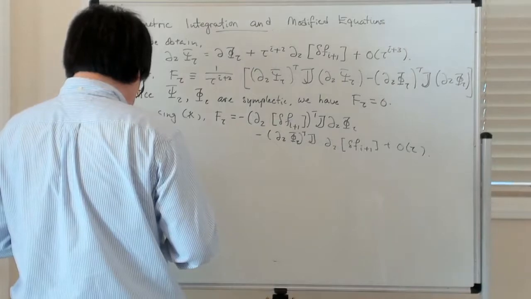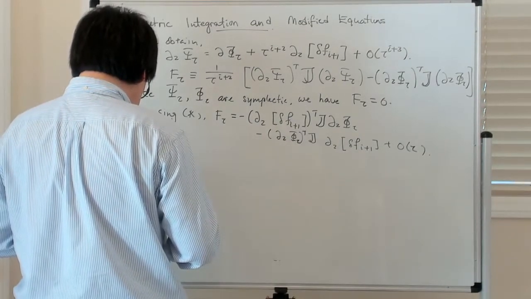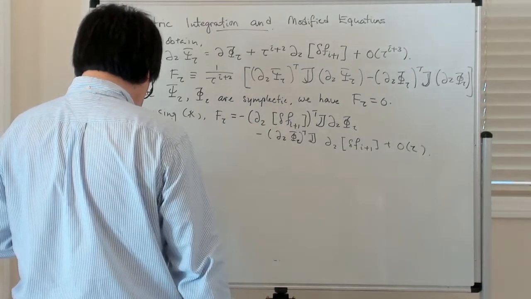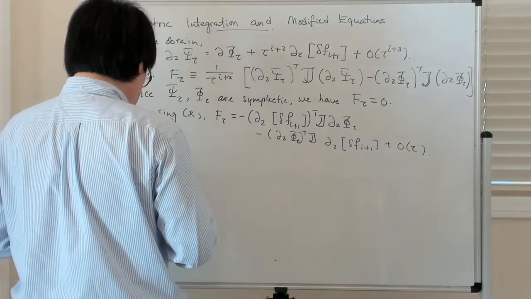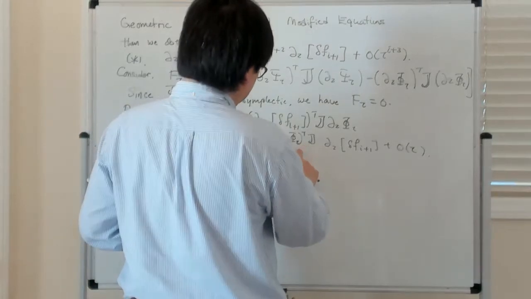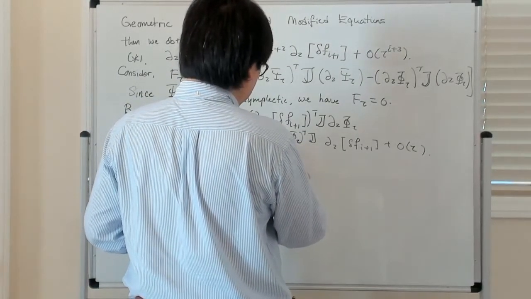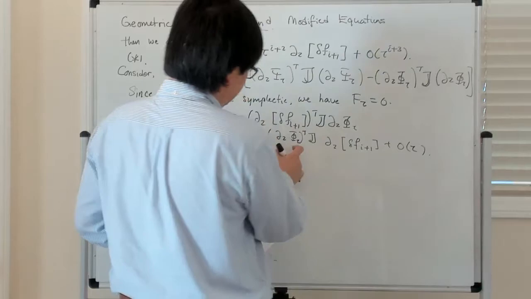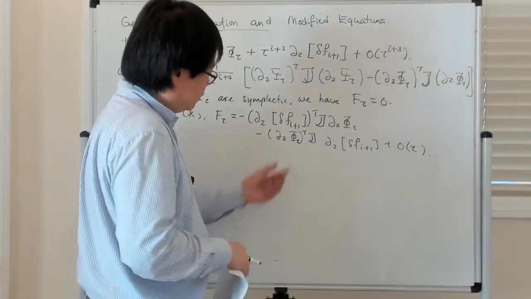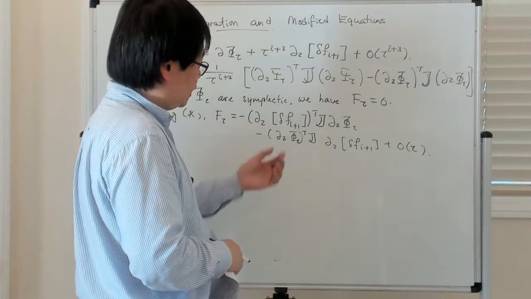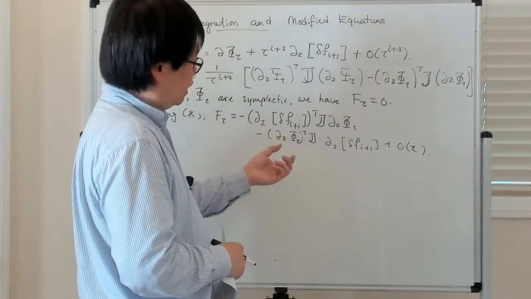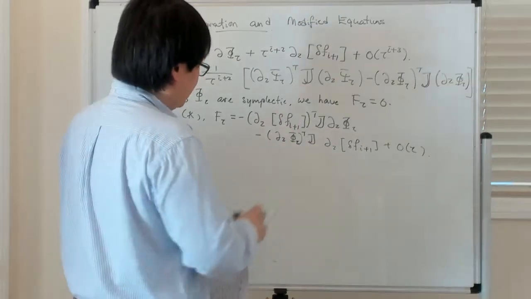Okay, all right. And then you use the fact that the linearization of this flow map is near the identity transformation, and it looks like basically the identity plus tau times something, right?